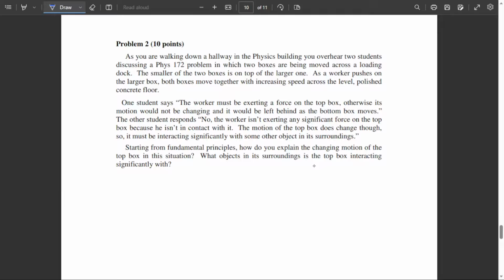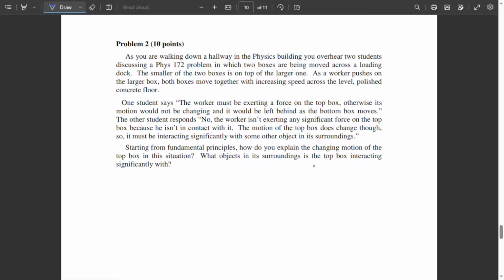Alright, problem 2. As you are walking down a hallway in the physics building, you overhear 2 students discussing a Physics 172 problem in which 2 boxes are being moved across a loading dock. The smaller of the 2 boxes is on top of the larger one. As a worker pushes the larger box, both boxes move together with increasing speed across a level, polished concrete floor. One student says, the worker must be exerting a force on the top box, otherwise its motion would not be changing and it would be left behind as the bottom box moves.